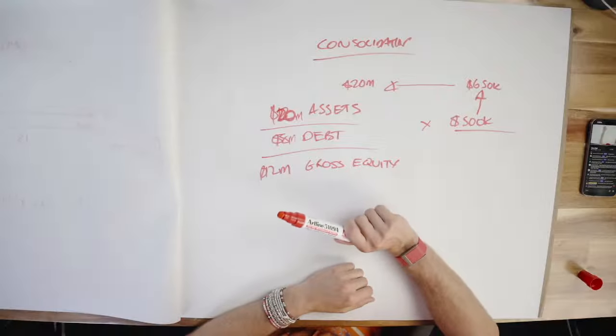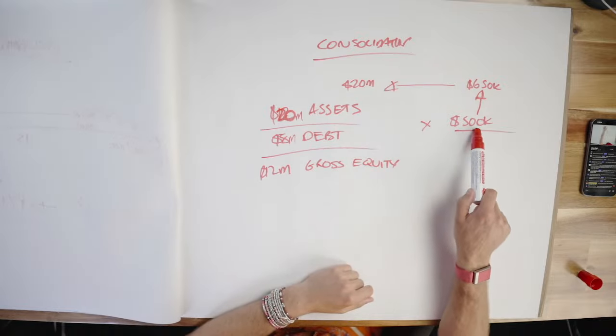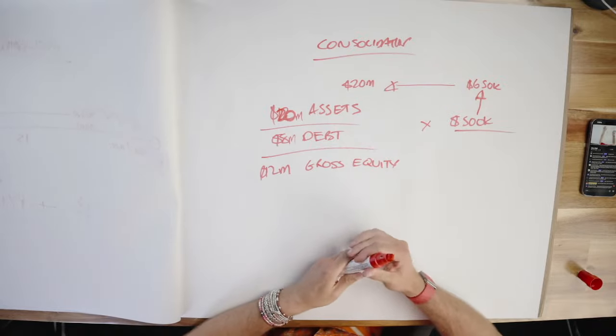And if you look at the rental yield, 650,000 against 20 million of assets, I would say it's about a 3.5% gross yield. So what's happened over that period of time is we've now got a 3.5% gross yield against our 20 million in assets when we started with a 5% gross yield against 10 million of assets.